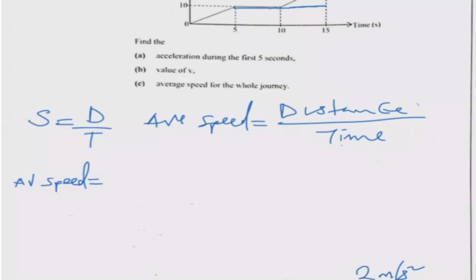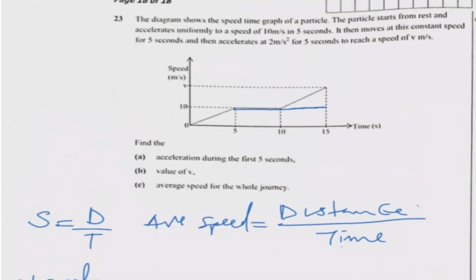I'm going to consider this triangle here. We're going to use the formula 1/2 times b times h. The base is 5, so times 5, then times the height, that is 10, so times 10. That is for the first triangle.